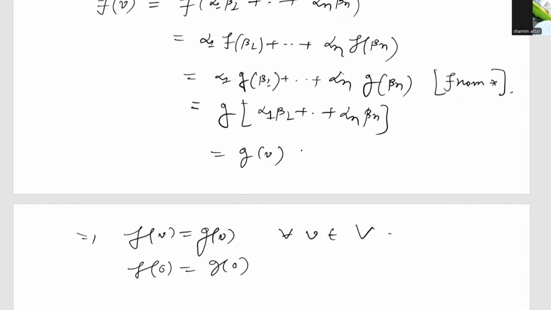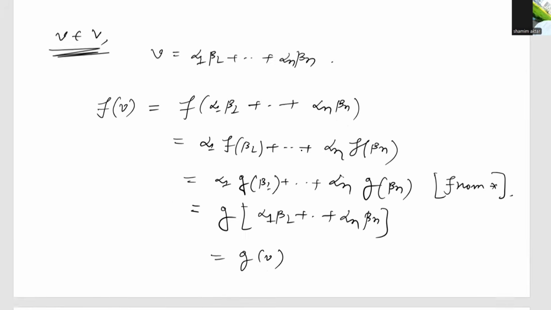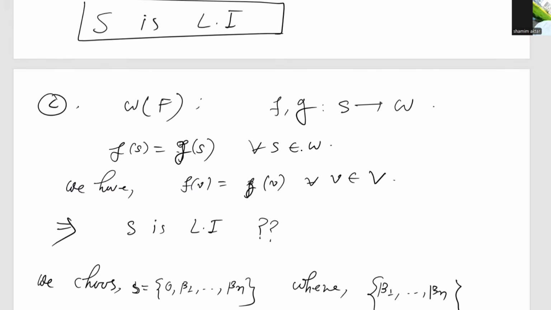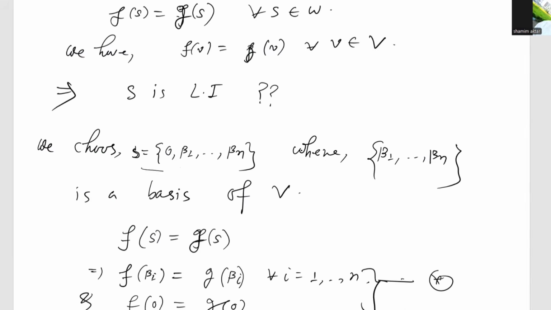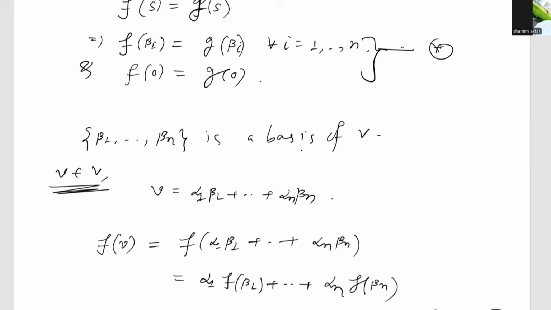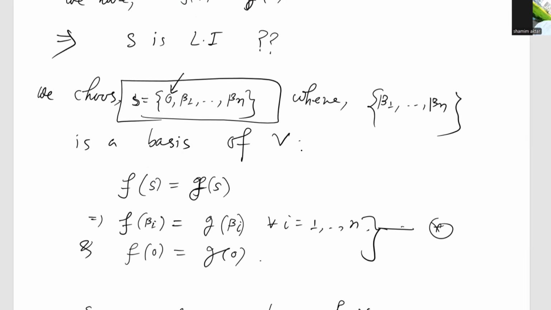So for all v belongs to V this holds. But still here S is not linearly independent, because the 0 vector is contained in this set S. Any linearly independent set does not contain the 0 vector. So this implies option number C is false.